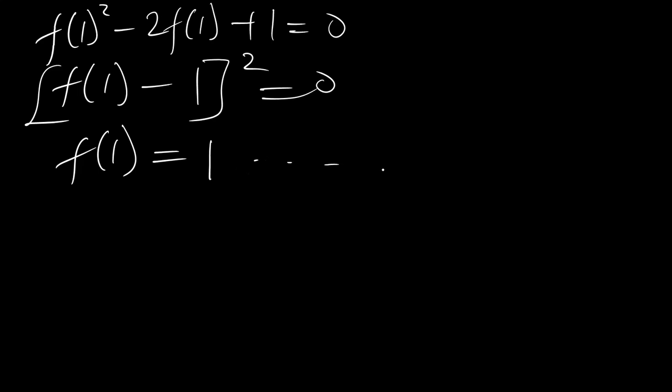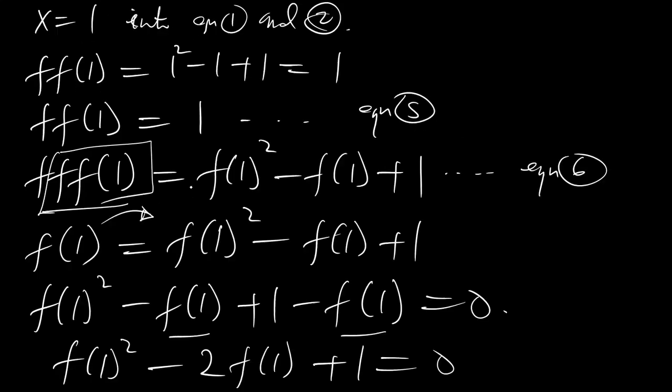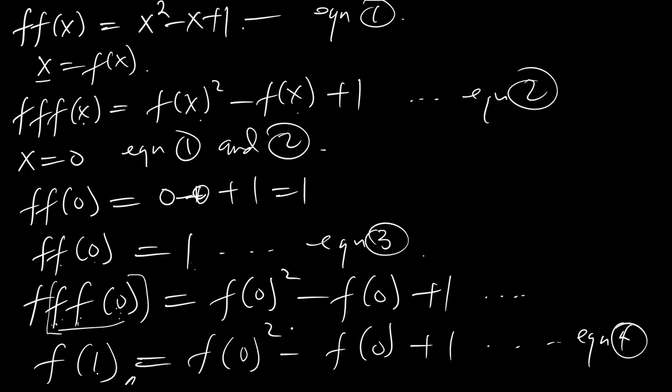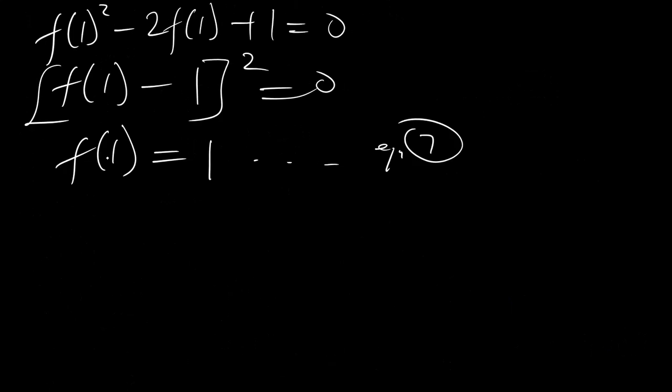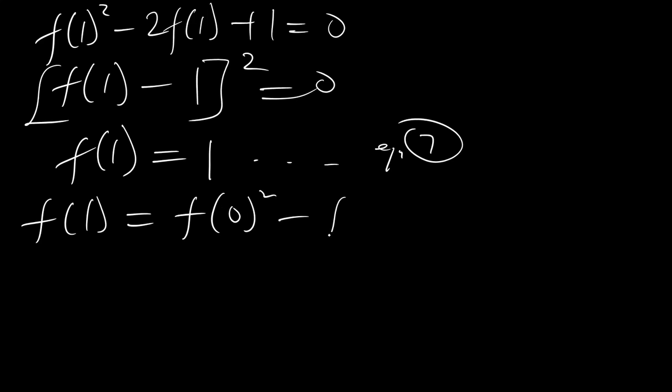Let's call this equation 7. Now substituting equation 7 into equation 4. Equation 4 is f of 1 equal to f of 0 squared minus f of 0 plus 1.